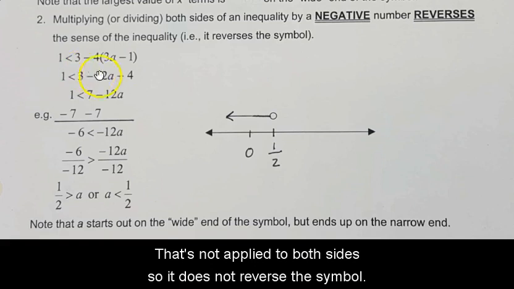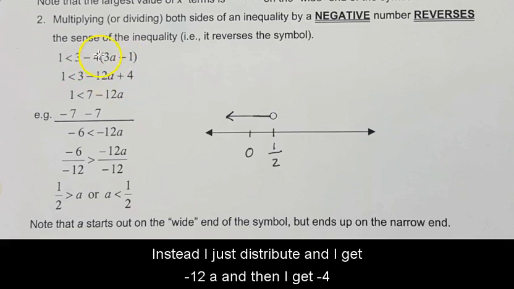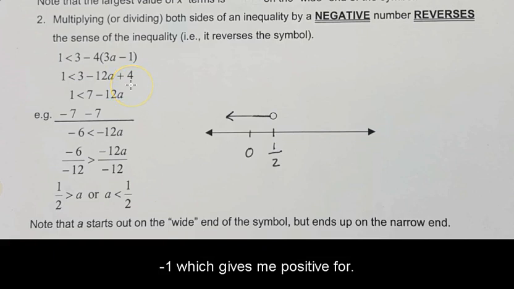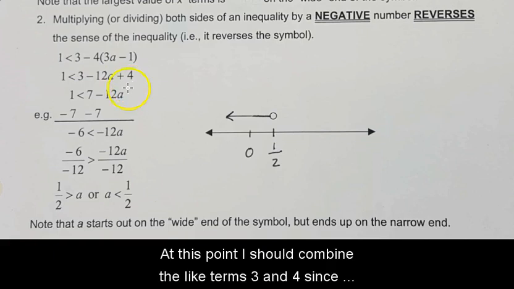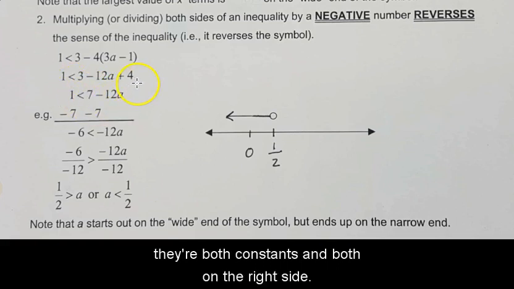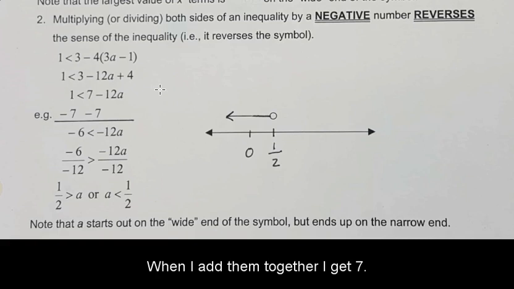That's not applied to both sides, so it does not reverse the symbol. Instead, I just distribute and I get -12a, and then -4 times -1, which gives me +4. At this point, I should combine the like terms 3 and 4 since they're both constants and both on the right side. When I add them together, I get 7.